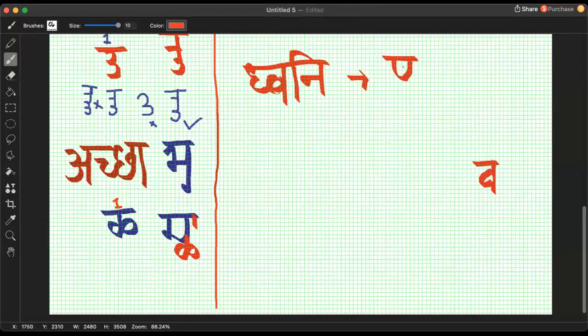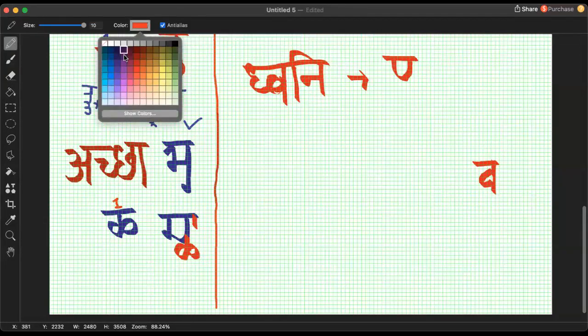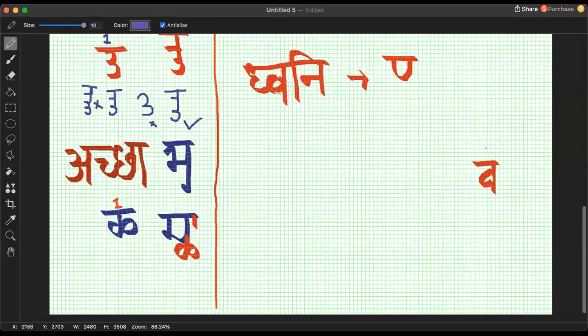So we'll first write dha, and we can see that here it is touching the Shiroreka only once. So what happens when I write Dwa? This va will come right below this.